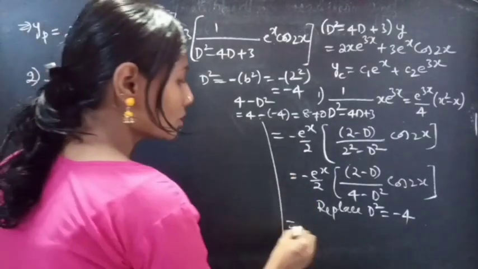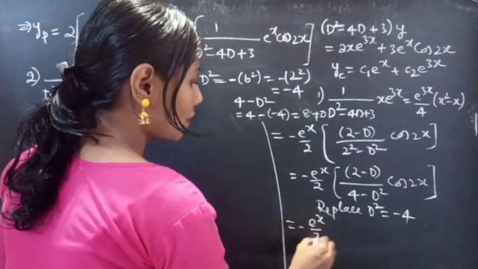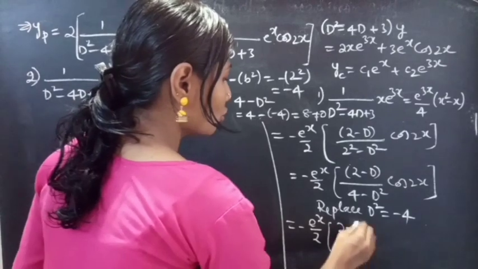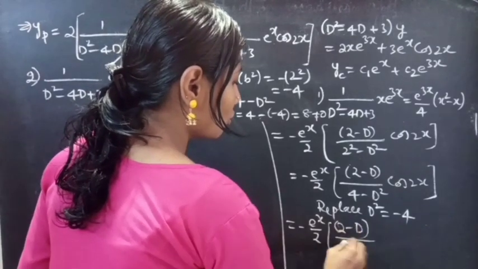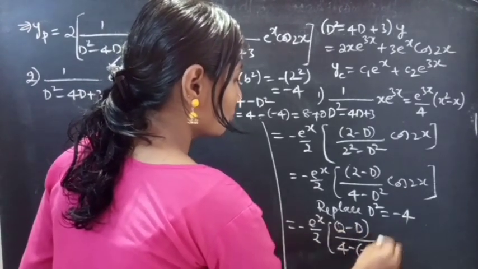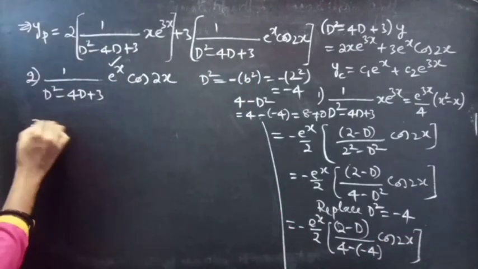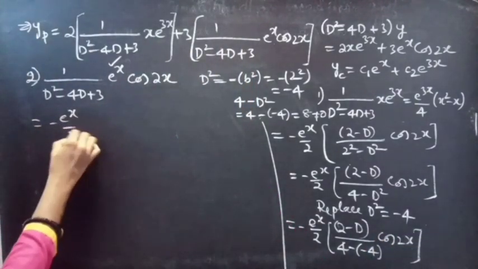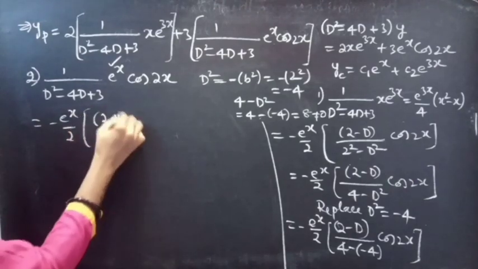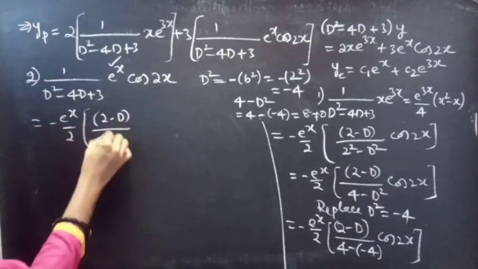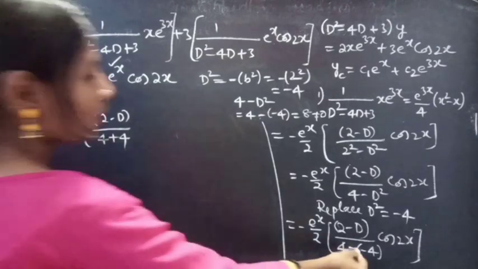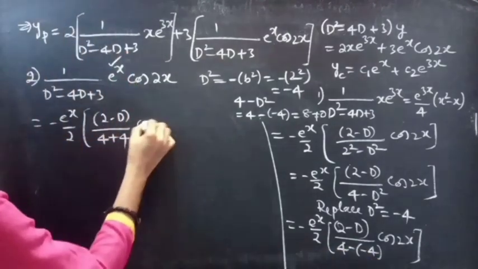Then this becomes minus e power x by 2 into 2 minus d into 4 minus of minus 4 into cos 2x, which is equal to minus e power x by 2 into 2 minus d by 4 plus 4, minus into minus plus, right?